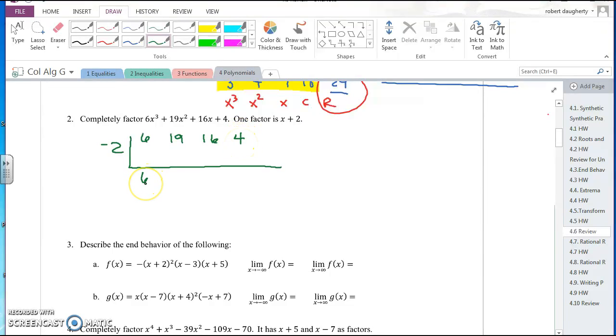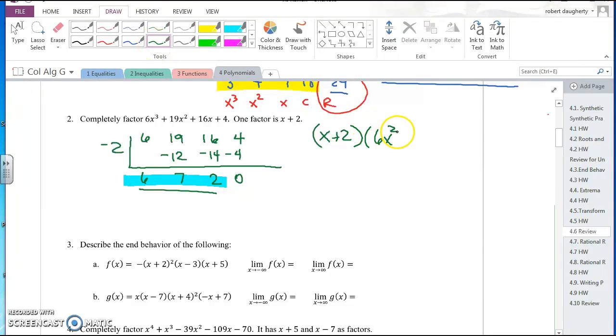Bring the 6 down, and I multiply to get -12, add to get 7, -14, add to get 2, -4, and I get a 0. So that means that my polynomial is going to be x plus 2 times, and I read that information right there. That is 6x squared plus 7x plus 2.